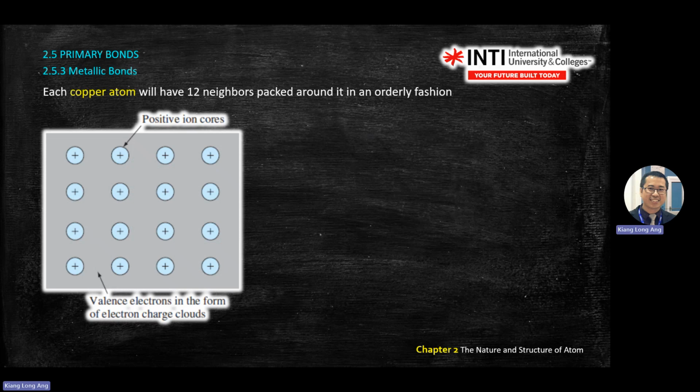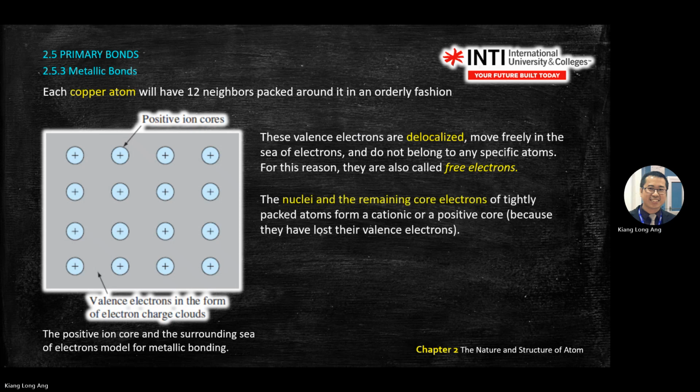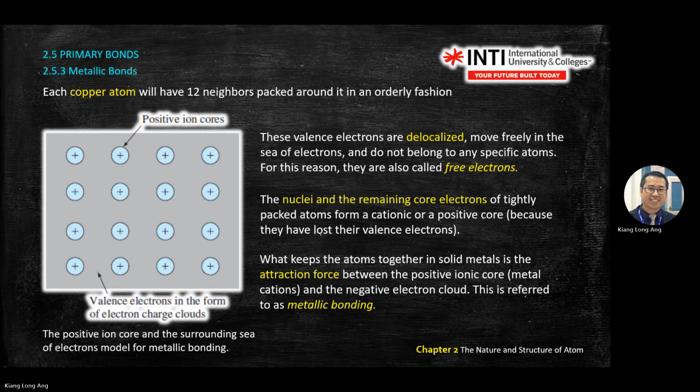Okay. So this is what we see just now. So you have a sea of valence electrons moving around. So this one you read. There's an attractive force between the positive core and the negative electron cloud.